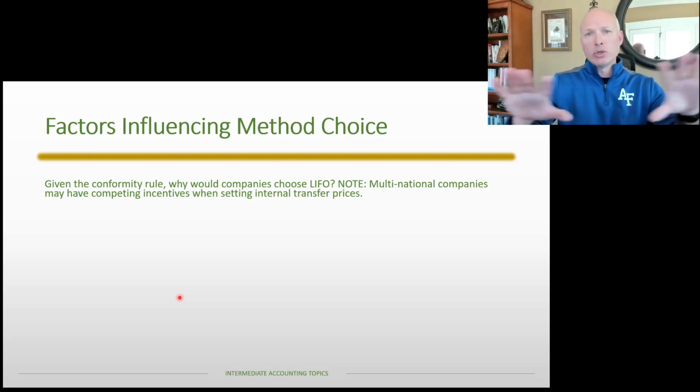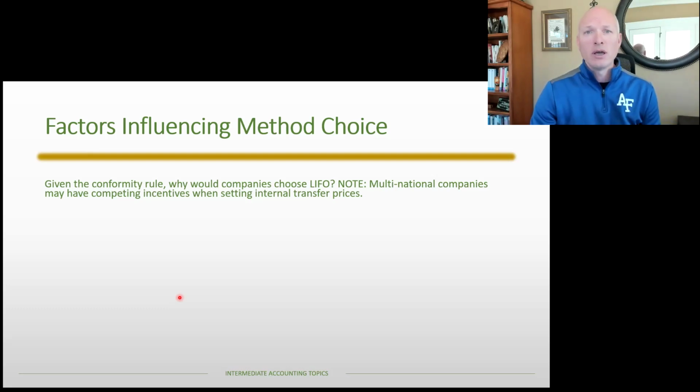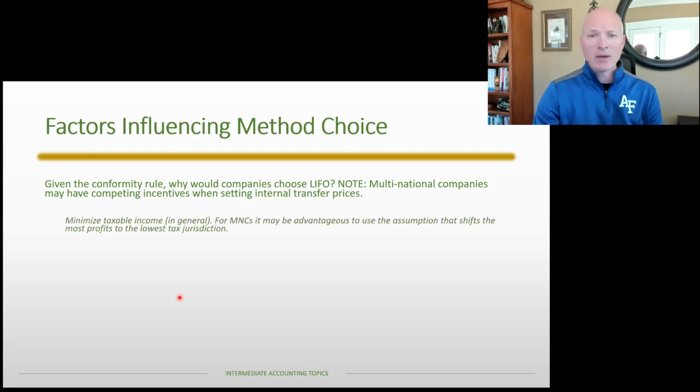So you have two things going on. There's the ability to reduce taxes, but there's also the ability to shift income between tax jurisdictions. And the whole goal would be to minimize your taxes. So whenever you're making those choices, the idea is you're trying to minimize your taxes.